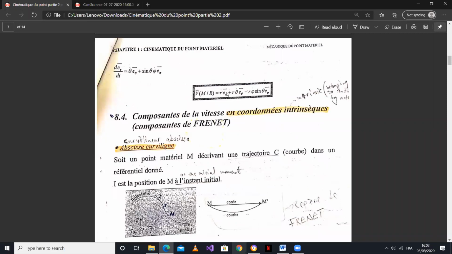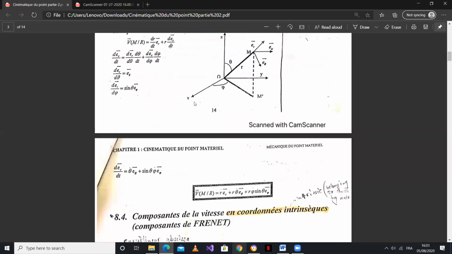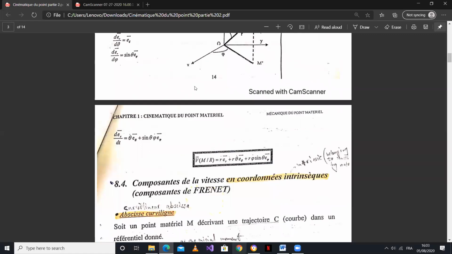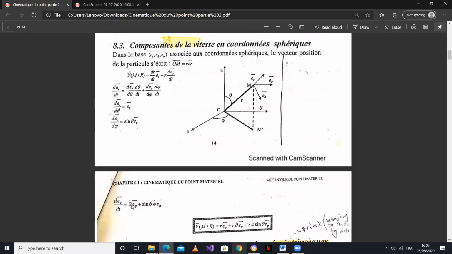We had R point along e r from this part here. When we did dr/dt along e r, it gave us R point e r. Then we calculated the next part, which was R times the derivative of e r with respect to t, which gave us theta point e theta plus sine theta phi point e phi.